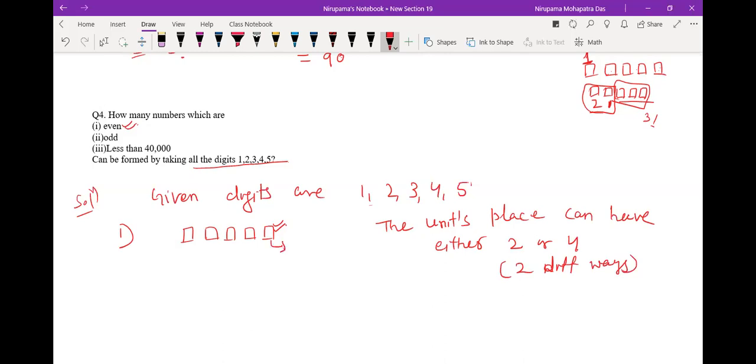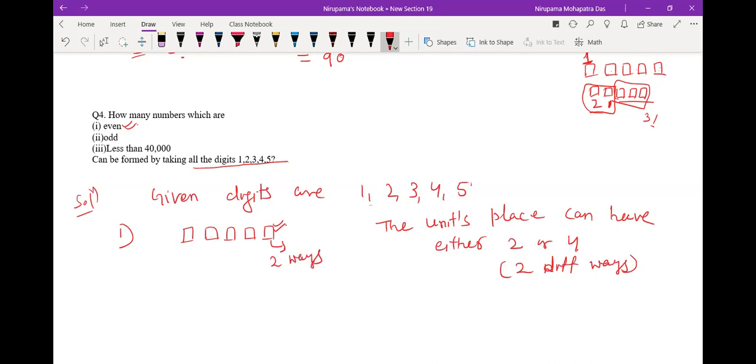Now you have 4 places and 4 digits, because you will keep either 2 or 4 here. You cannot keep both. So we have 2 ways of filling the units place.